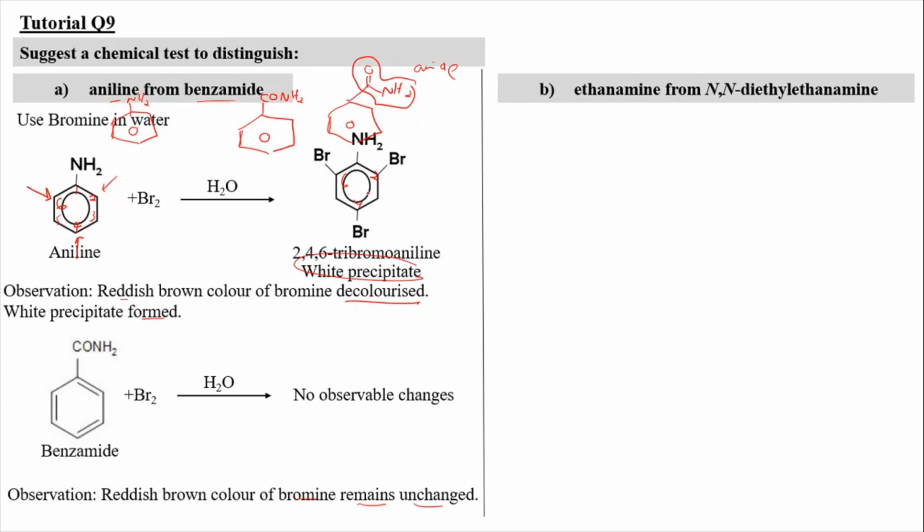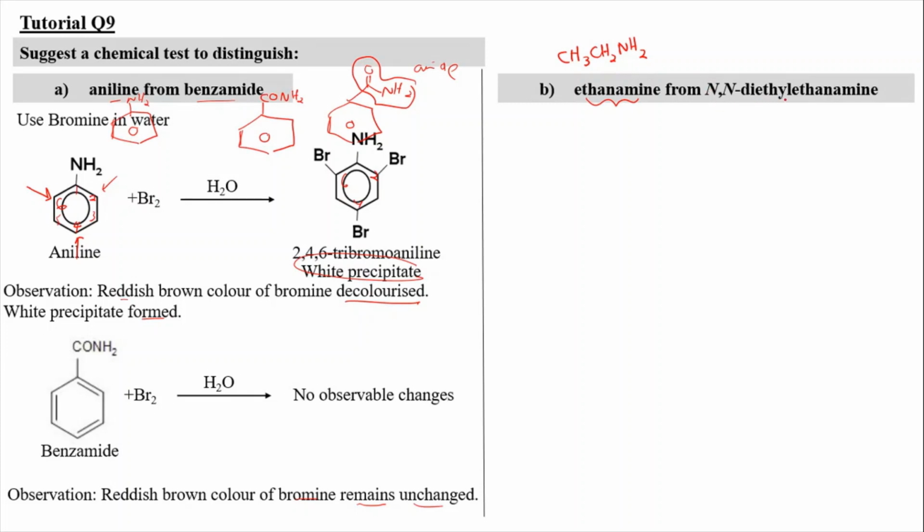Okay, and now for question 9b, we have the ethanamine. So ethanamine is going to have a structure of CH3CH2 and then NH2, because one of the hydrogens of the ethane is going to be changed into an amine, so it's going to be ethanamine.